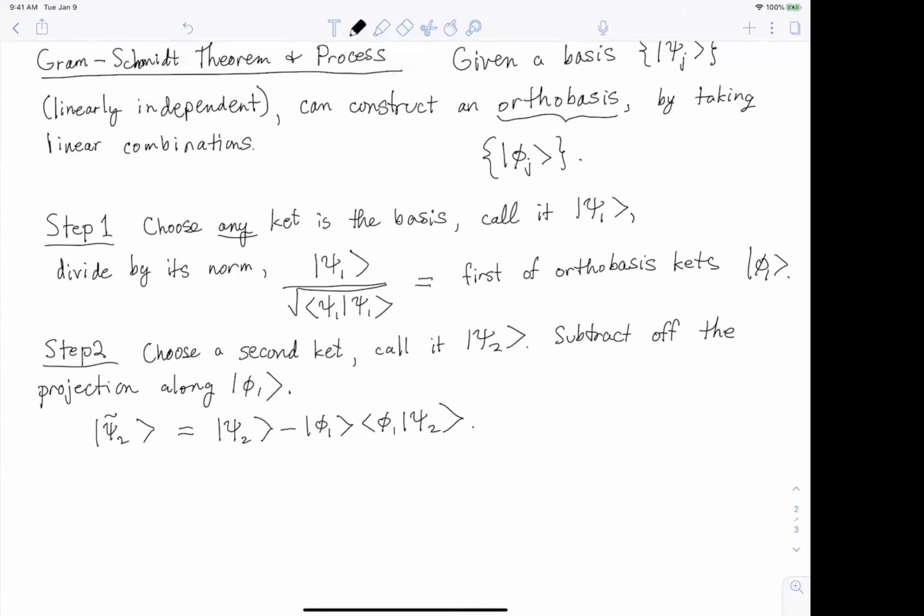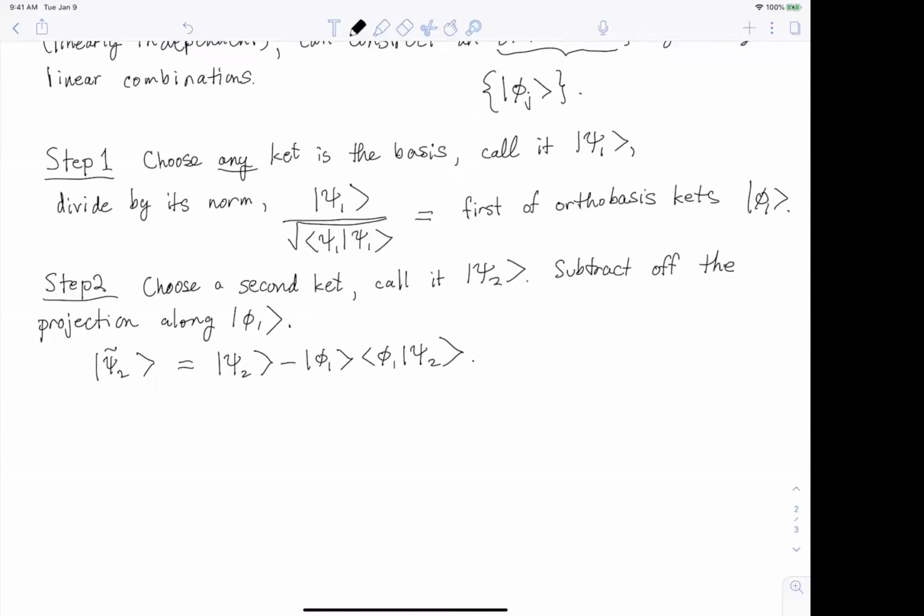So why would we do that? The point is that this psi twiddle 2 is automatically going to be orthogonal to phi 1.